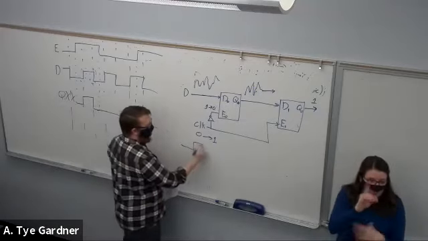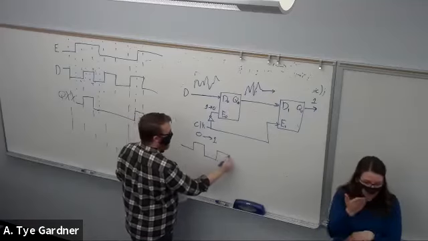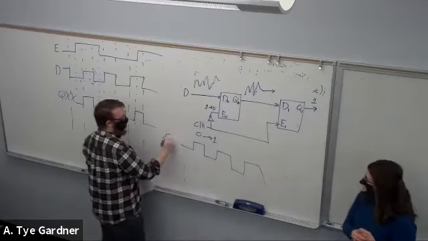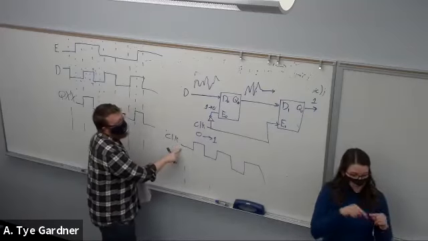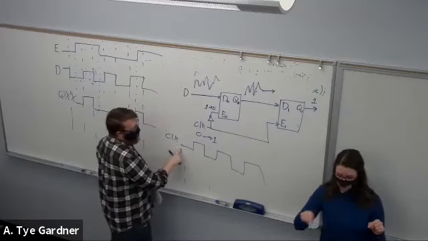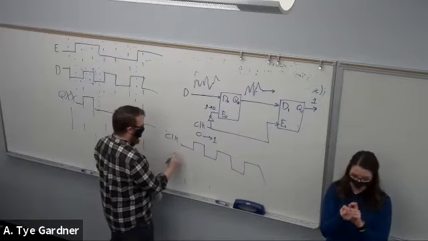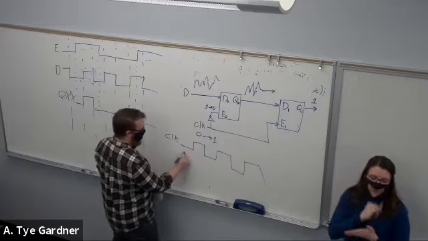So if it has a clock signal, and we're marching along here on the clock, and D changes, let me just draw out a timing diagram example.